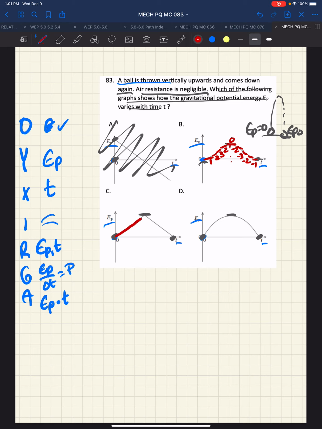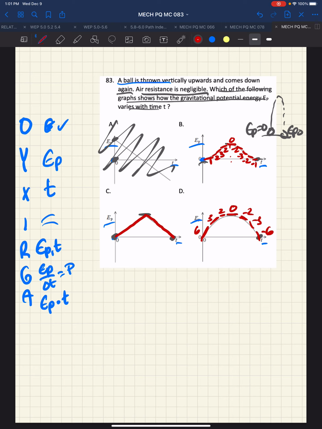Whereas in choice C, we have a constant slope. The rates of change are constant. And with choice D, we have almost exactly the opposite of B. We start out with big positive slopes and they decrease to 0. So this might be 6 and 3 and 2. And then we have -2, -3, -6.